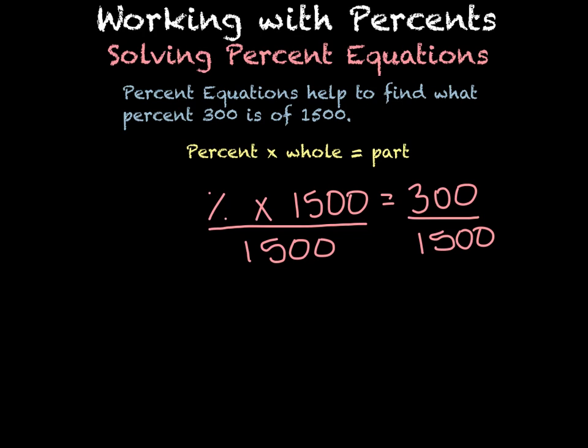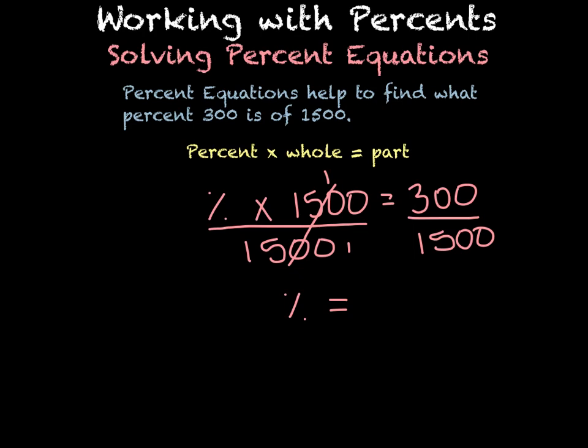So these get to cancel out because they end up being one whole. And that leaves our percent equals whatever 300 divided by 1,500 is. Can we cancel out those zeros? We could, that would be easy.